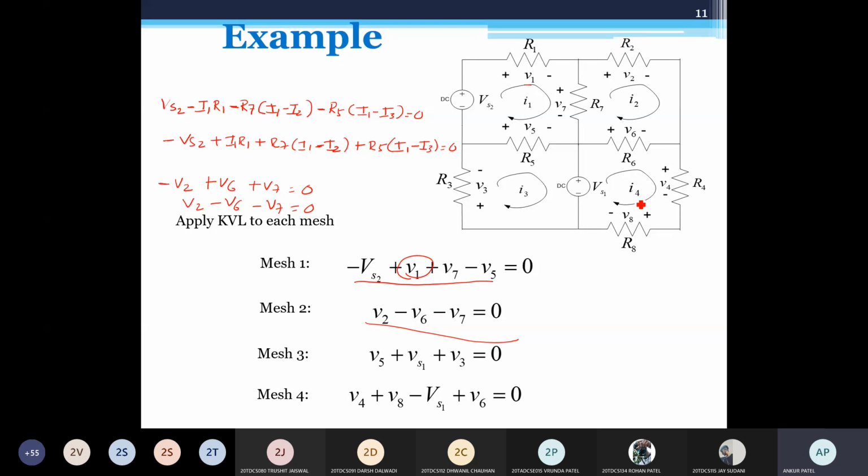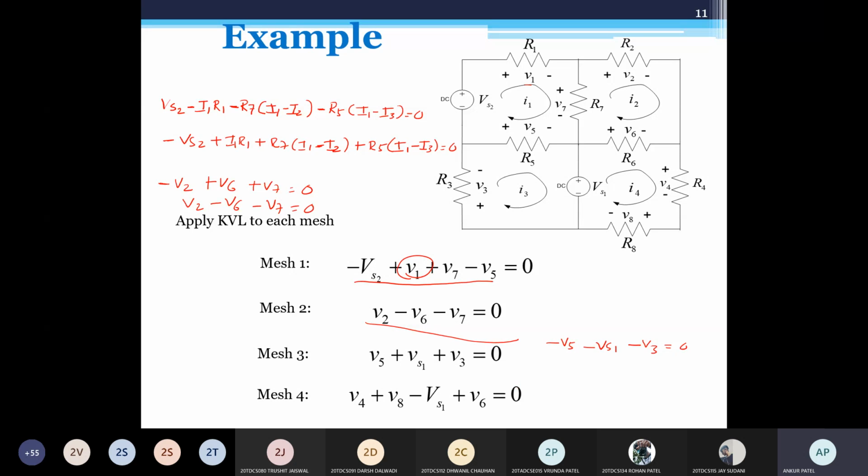Same for the third, I can write according to the rule: minus V5, then minus Vs1, minus V3 equal to 0. I am just interchanging the sign, so it becomes V5 plus Vs1 plus V3 equal to 0.